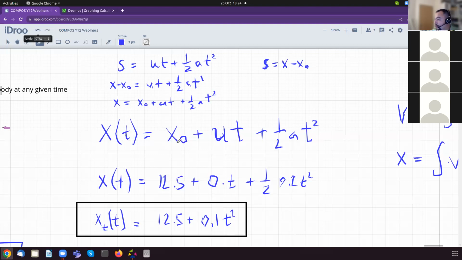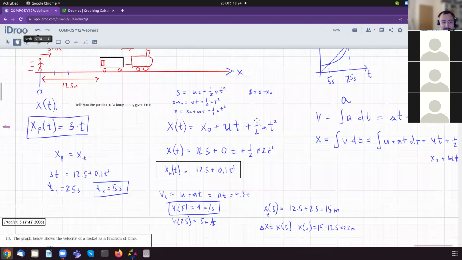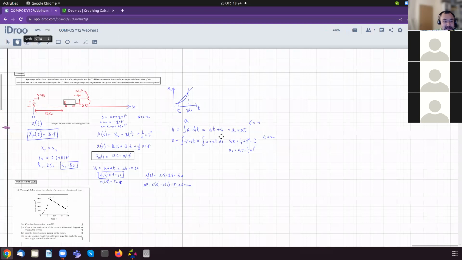It's the same thing. Suvat is a consequence of the equations of motion.